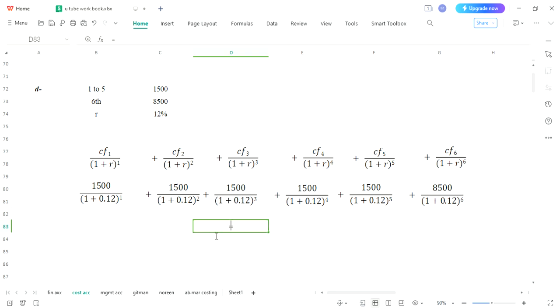Simply, start your bracket and follow this formula: 1500 divided by 1 plus 0.12, meaning 1.12 raised to power 1, close your bracket. Understood? And this is your first. Then you will start your second value.